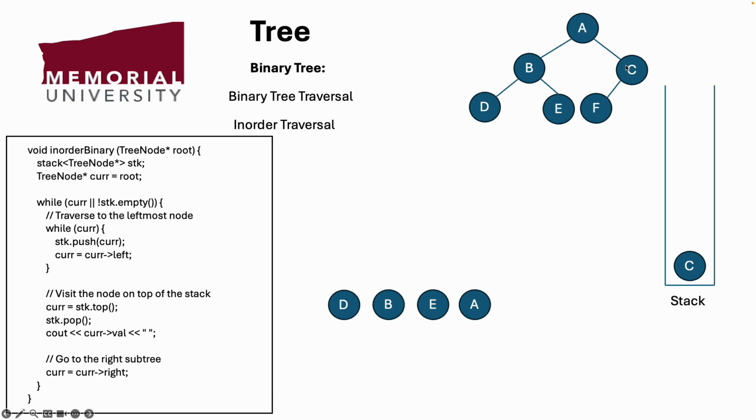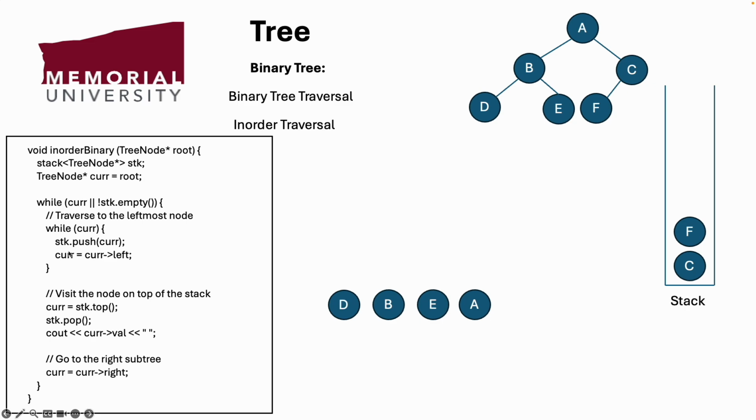Current so far points to C. The left is F. Okay, the left child is F. So that's why it keeps going. So stack is going to push in node F, right? And then the current equals current F's left child, which is a null pointer.